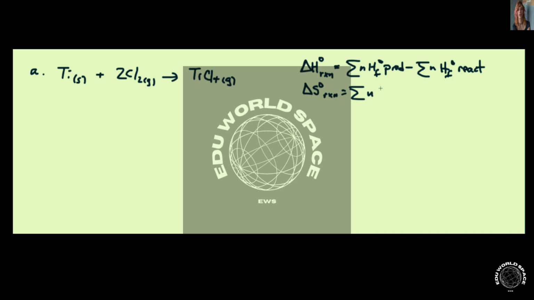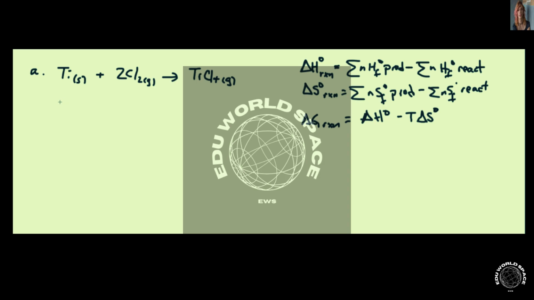So it's going to be the number of moles times the entropy of formation of the products minus those of the reactants. And when we go to find the Gibbs free energy, we're going to use that standard equation, delta H naught minus T delta S naught. And since we're doing standard conditions, temperature is going to wind up being 298 Kelvin.